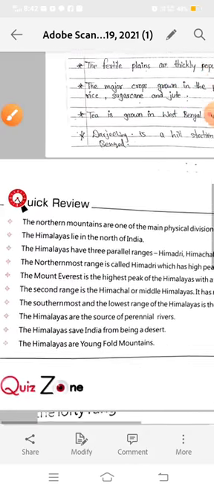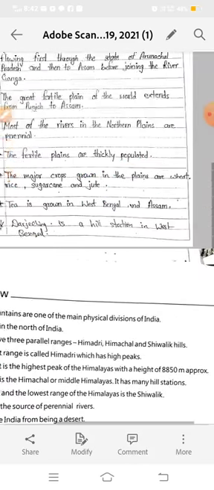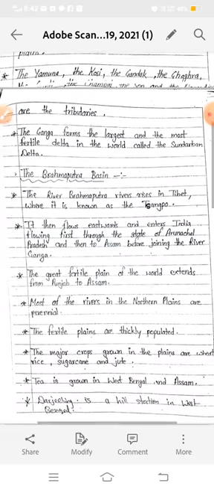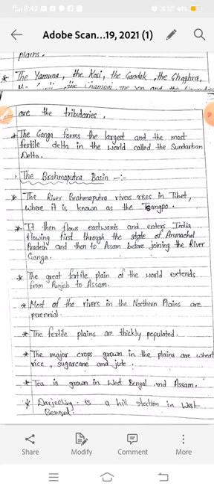So we have completed the revision of chapter number 3, the northern plains. I hope you are able to understand the information given about the northern plains, and you are also able to show the location of the northern plains on the map, and all three rivers which flow there and their basins.